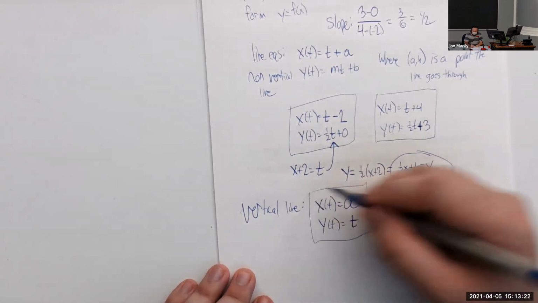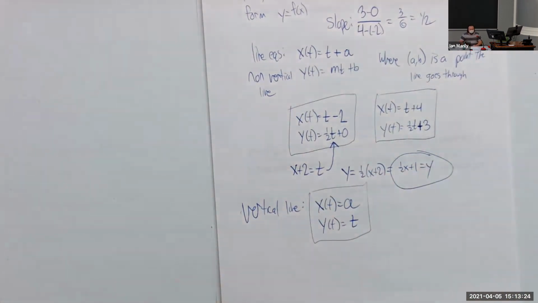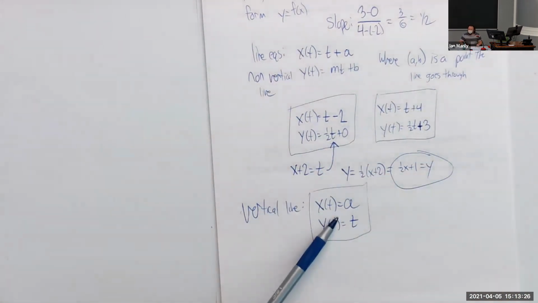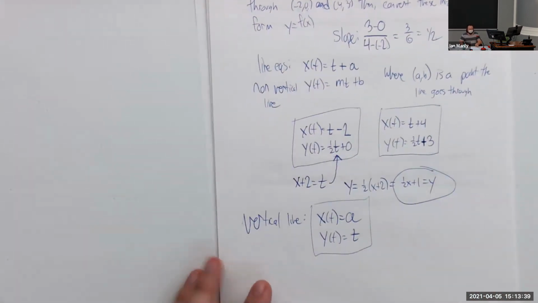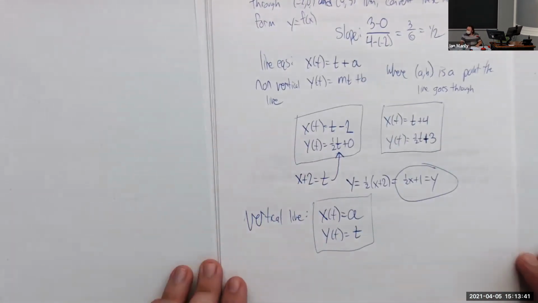So if you have a vertical line, it's going to follow this rule instead. There's not going to be a t at all for the x right here. All right, do you recommend just using the points it gives us to make our equations? Oh yeah, there's no point in trying to find something in between there or anything like that. Just go ahead and use the ones that they give you.